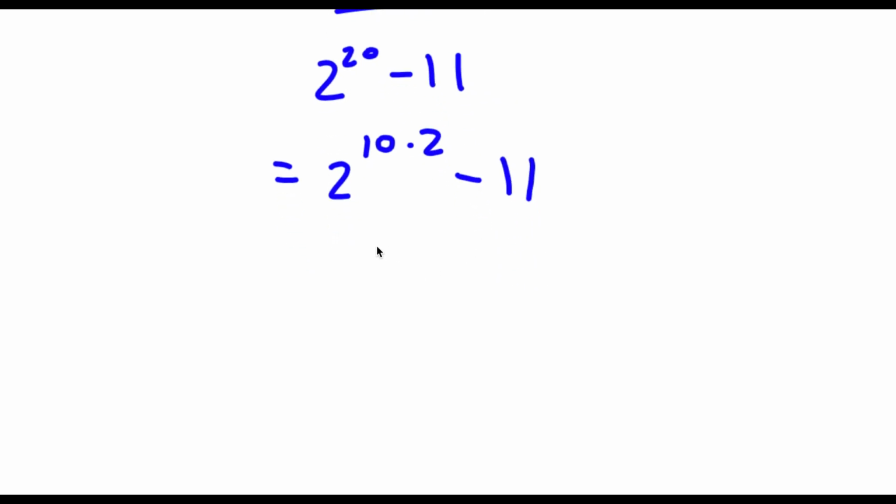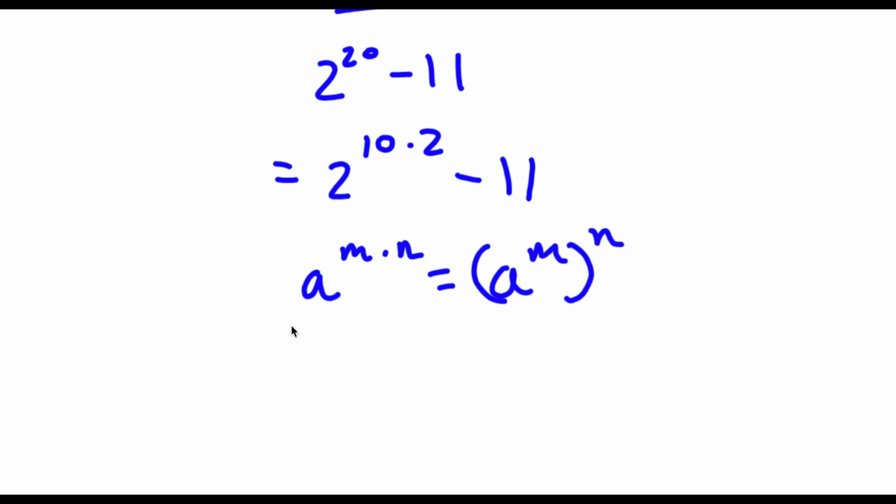And now, if I have something in the form a to the power of m times n, this is equal to a to the power of m to the power of n. So in this case, this is going to equal 2 to the power of 10 to the power of 2 minus 11.